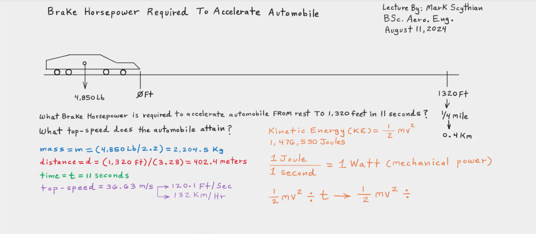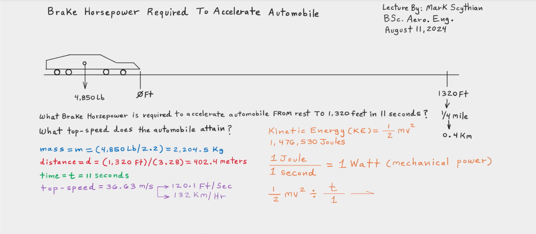divided into t over 1, so this becomes a dividing fractions application. So 1/2 mass times velocity squared divided into t over 1.